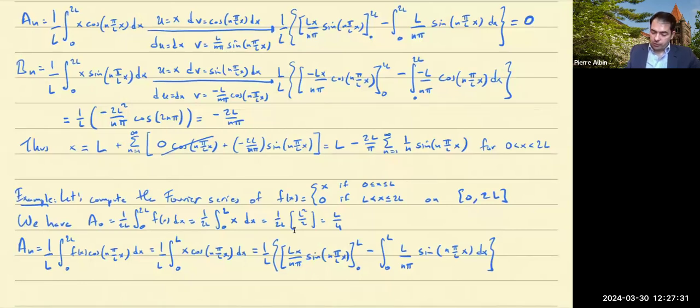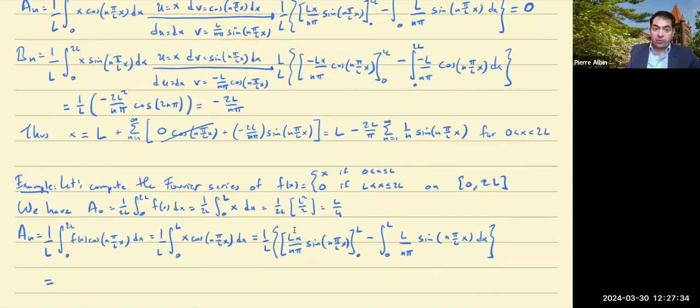Right, okay, so this is no longer automatically 0. This first term is automatically 0. So if you evaluate it at L, you get sine of n pi, and that's always 0. And if you evaluate it at 0, then this is 0, and so is this. So we get 0. But this term is not automatically 0.